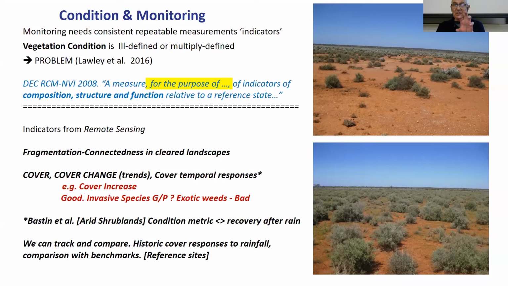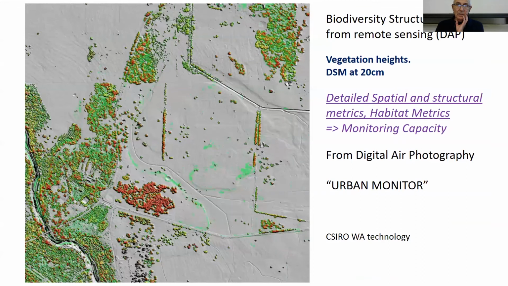So I really think condition is a hard ask in itself, but there's no doubt we can get relevant indicators of vegetation change and leave the challenge to the ecologists to turn those into targeted summaries of condition.